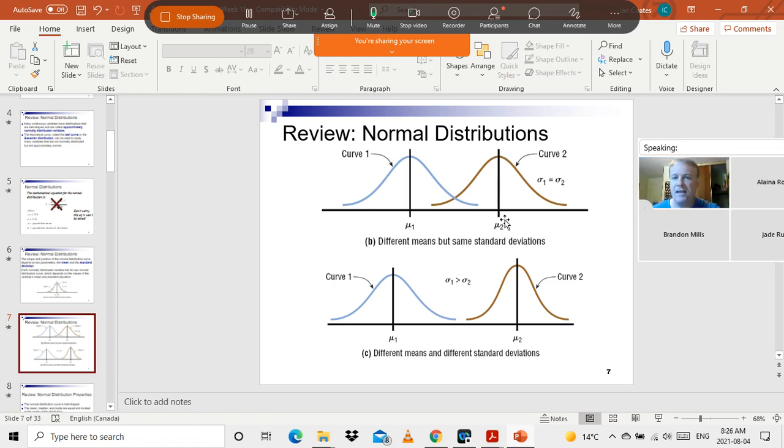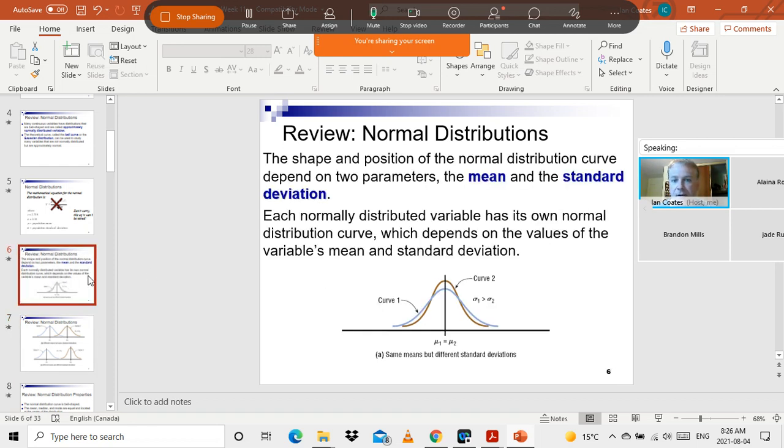Different means, but their spread, their standard deviation, is the same. They look the same, and you could put this one right on top of that one, as I have done right here.